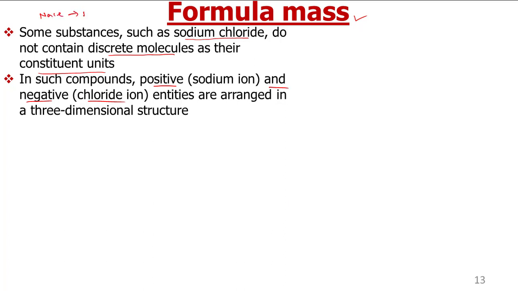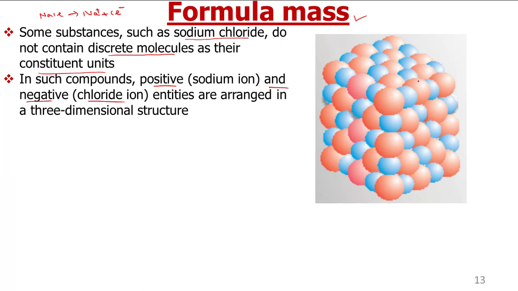It is an ionic compound, Na plus and Cl negative, and they are arranged in a three-dimensional setup. So this is the three-dimensional structure of NaCl, where these blue dots denote sodium and red dots denote chlorine. Sodium positive, chlorine negative. Now see, you can see they are not discrete NaCl molecules.